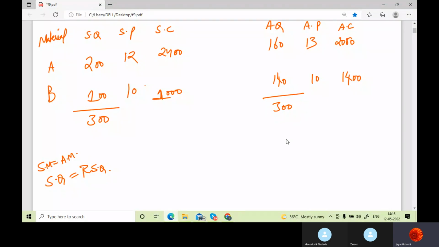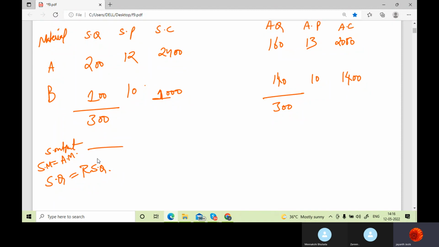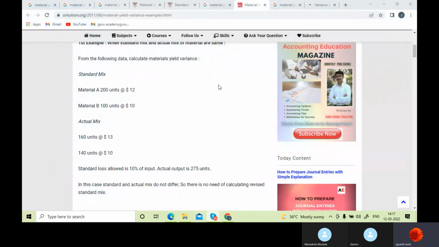So we'll take the actual output. They have said actual output is 275 units.